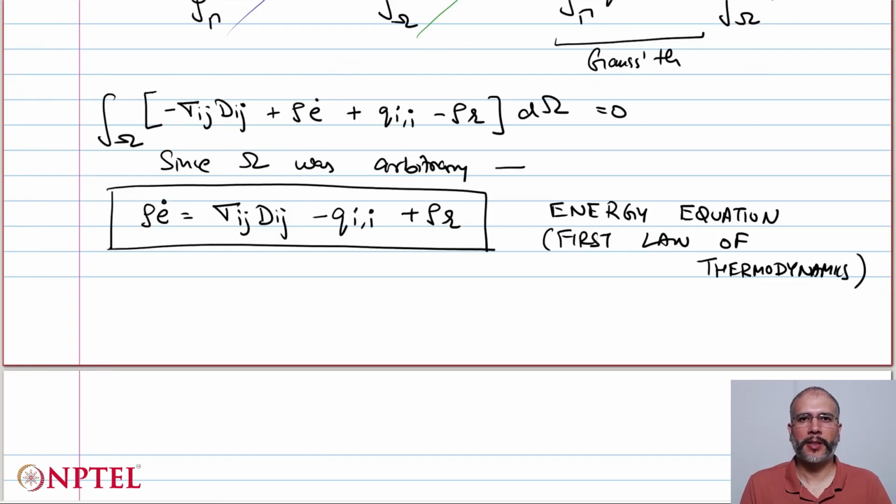So let's look at the different terms in this equation and try to get a feel of it. The left hand side term, rho times small e dot, where small e is the specific internal energy. So e dot becomes the rate of change of the specific internal energy.